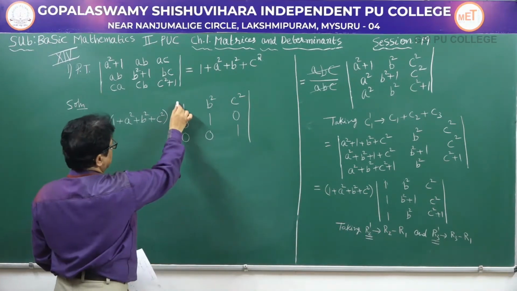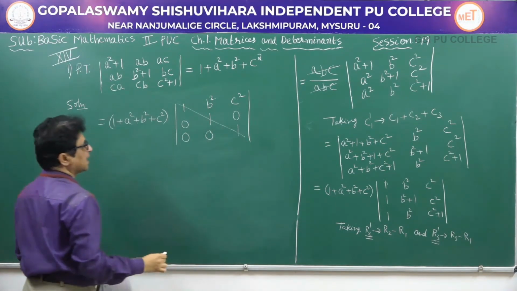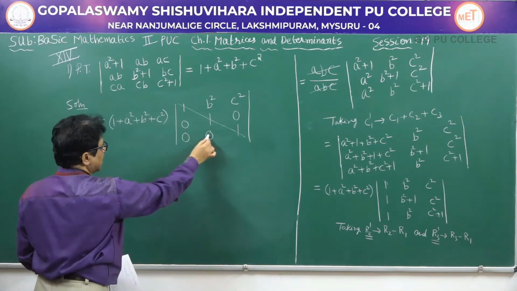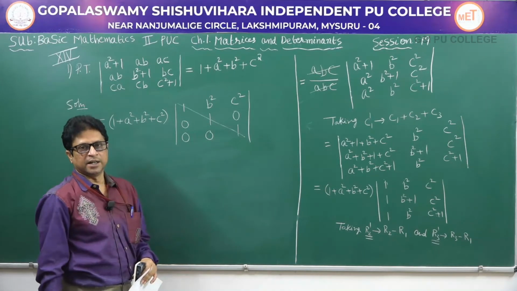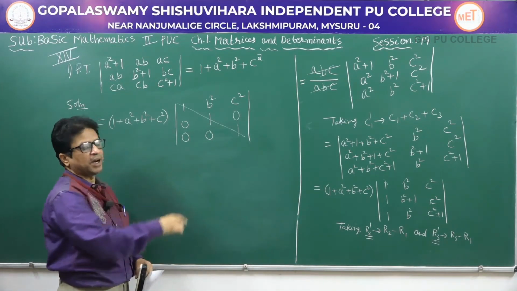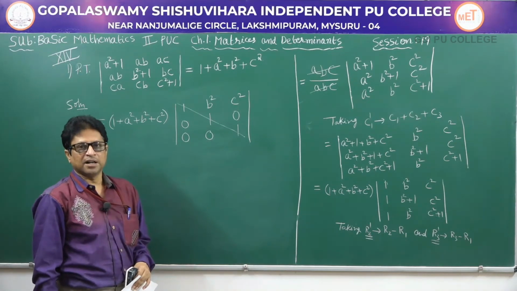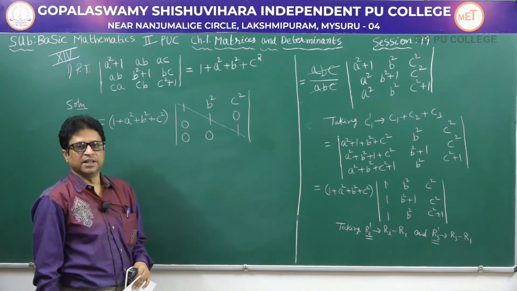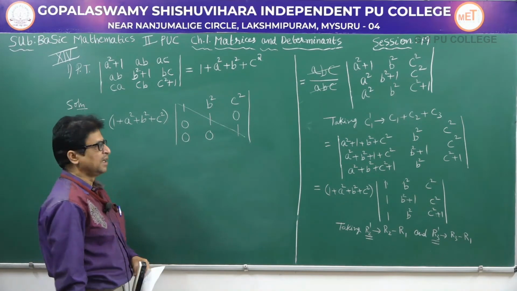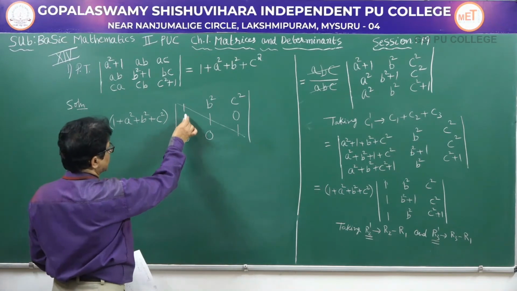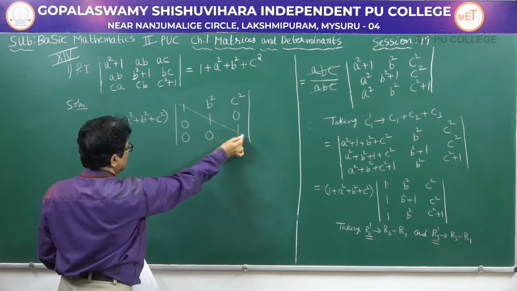If you observe here, on one side of the principal diagonal all the elements are zeros. Therefore, we know that if in a determinant on one side of the principal diagonal elements are zeros, then the value of the determinant is nothing but the product of the principal diagonal elements. Here the principal diagonal elements are 1, 1, 1.